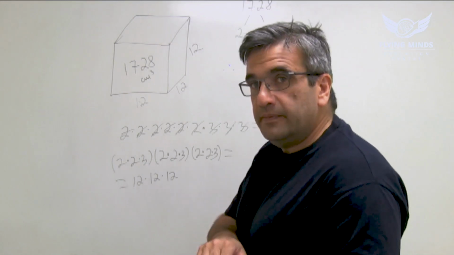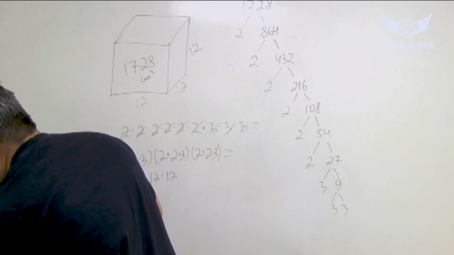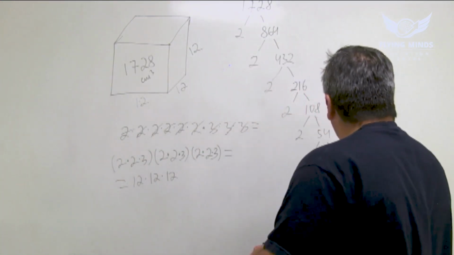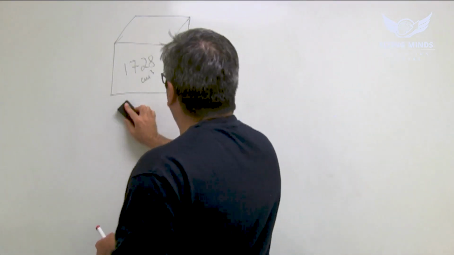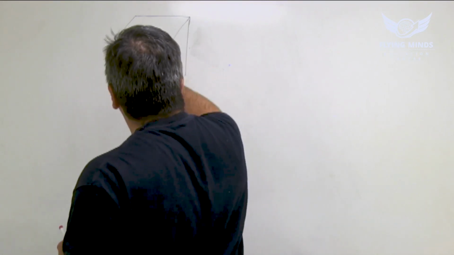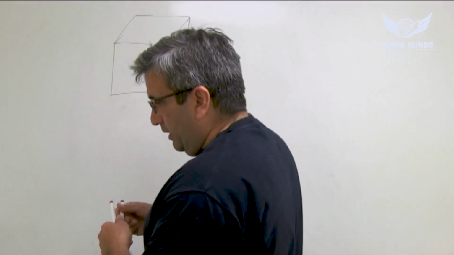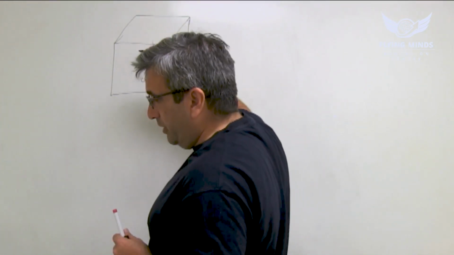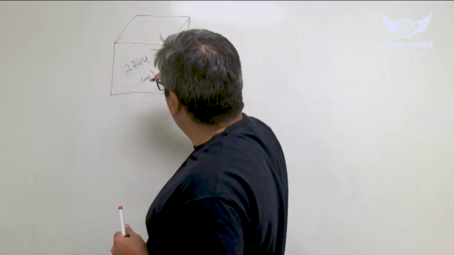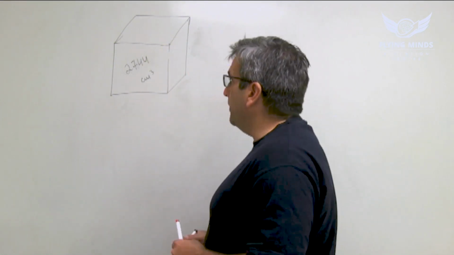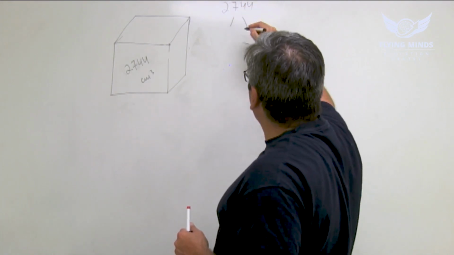All good? Okay, let's do one more. So now we want to show that this is a cube with volume 2,744 centimeters cubed. Okay, same procedure, prime factorization.